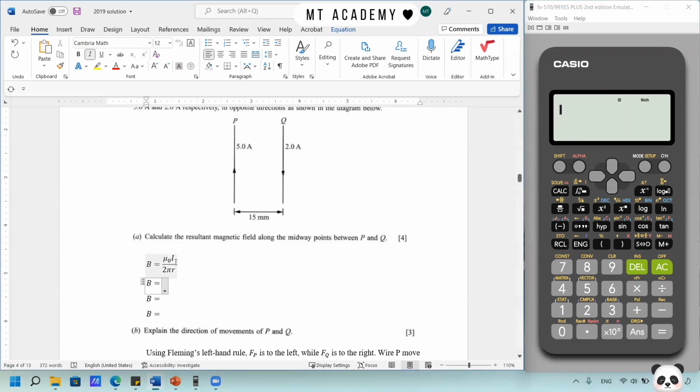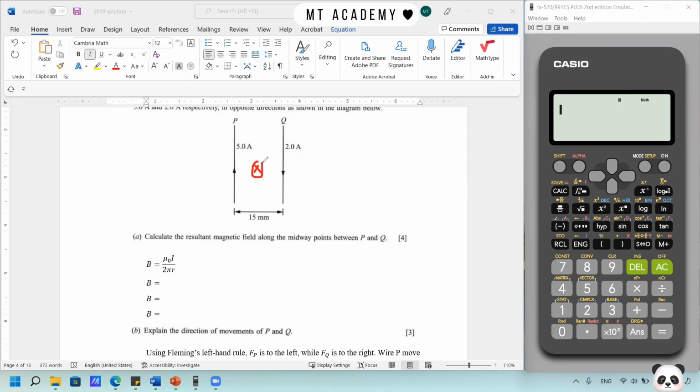Magnetic field is a vector quantity, so before doing the calculation, you need to identify the direction first. The direction can be identified using the right-hand grip rule. For example, for wire P, with your thumb pointing outward, you can find that the magnetic field in the middle between P and Q is into the page.